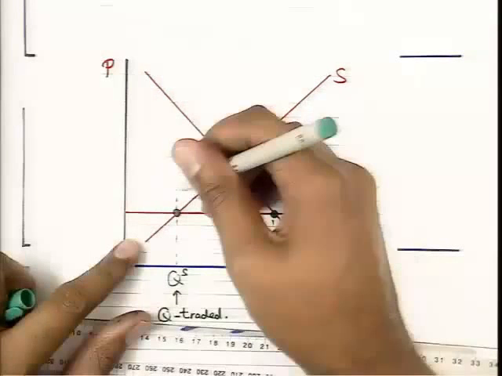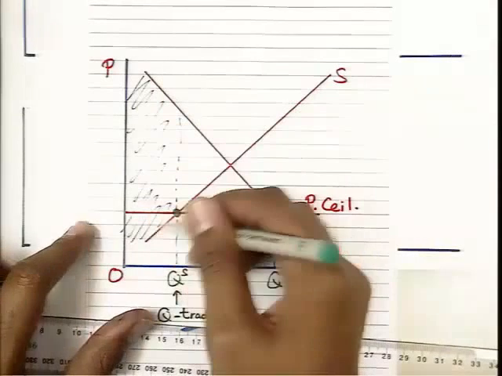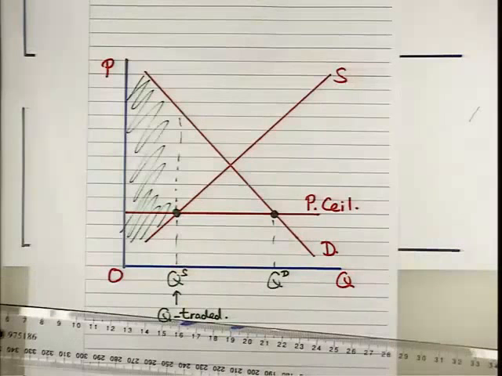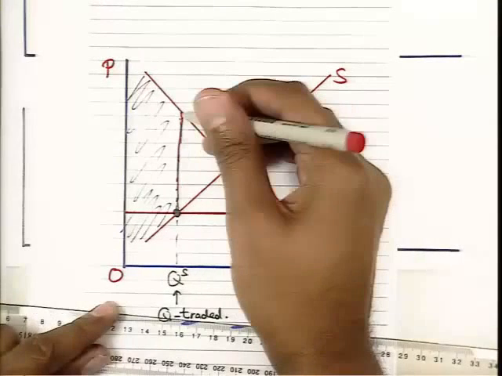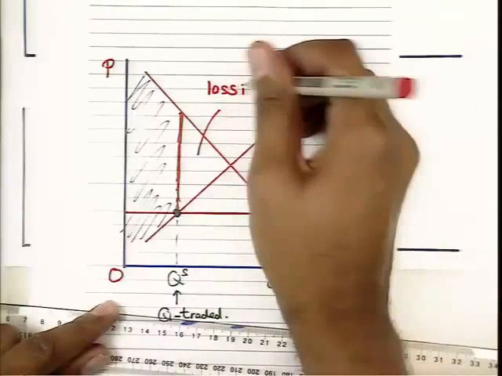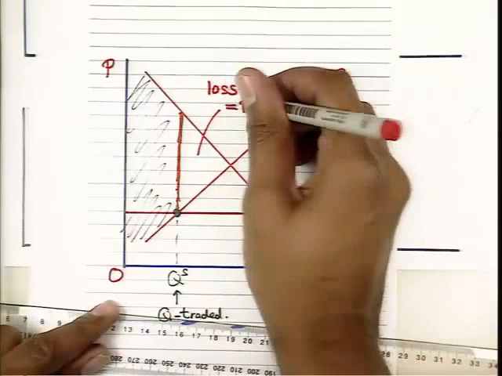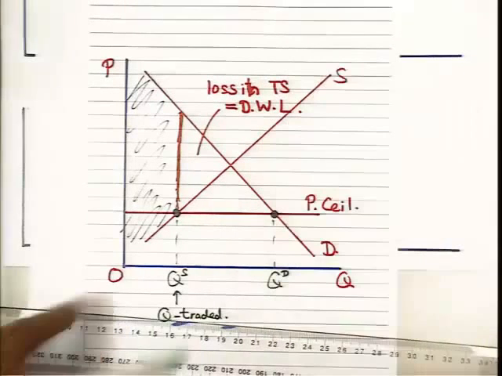So the government actually ends up giving a smaller total surplus for society as a whole. We call the loss in total surplus deadweight loss.